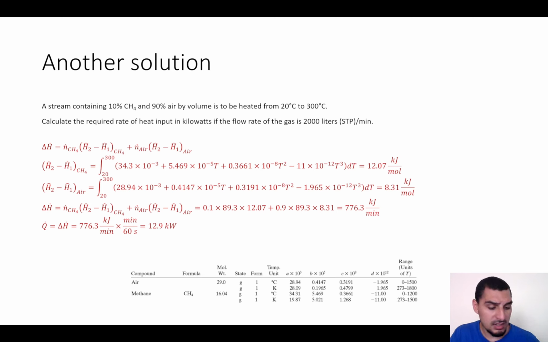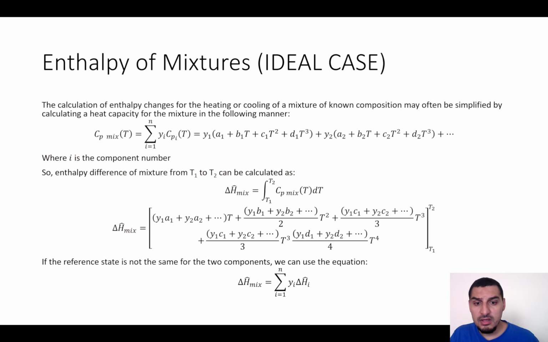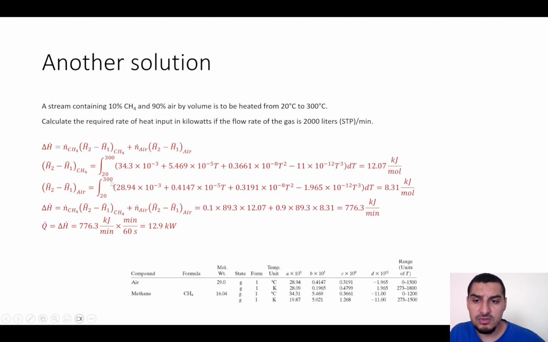If I go back to this slide here, either you're going to go with this equation or you are going to use this equation. Both will give the same results. But of course, this is going to be more time consuming because you are doing the integration twice. In the first solution, you are doing the integration once.